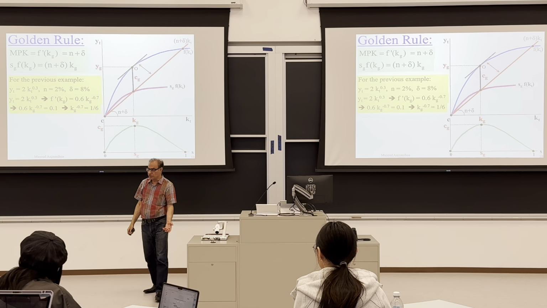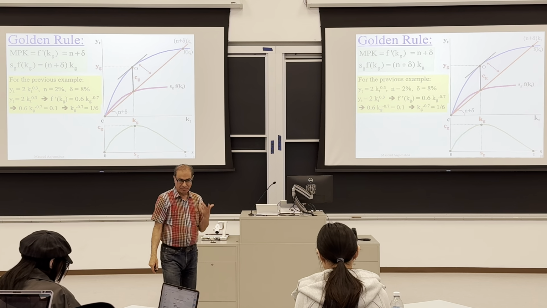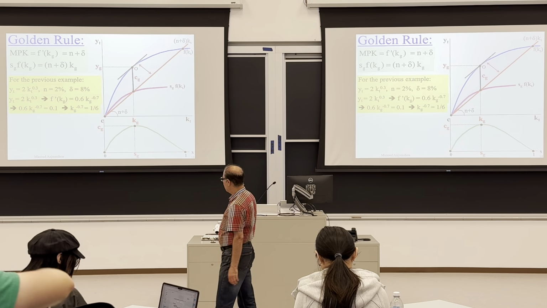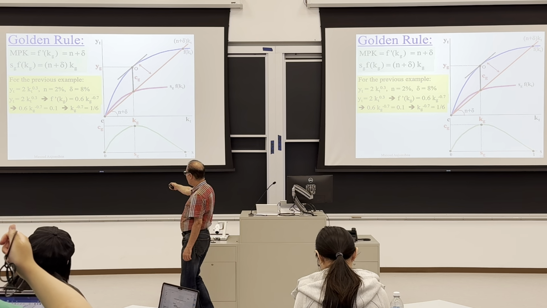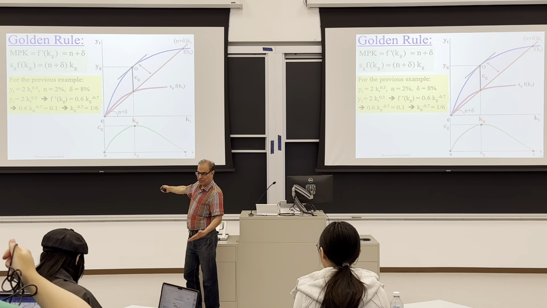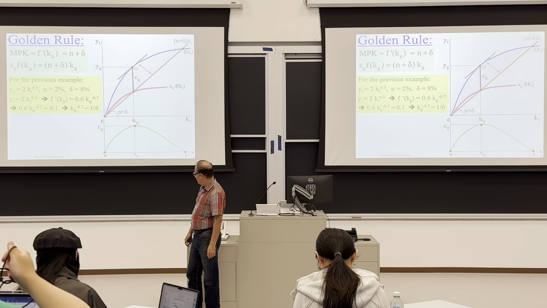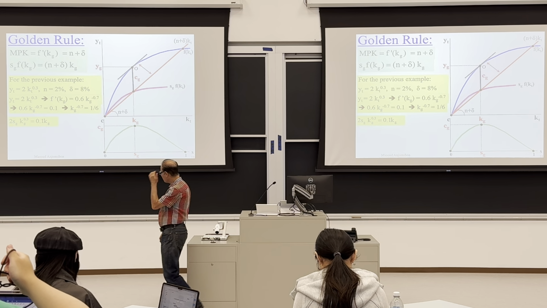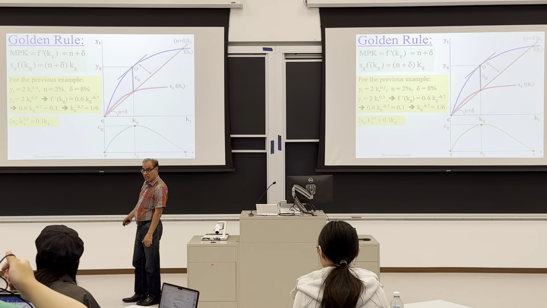So find kg. How can you find kg? You need to have one of those calculators. You cannot do it manually. See, I told you, it gives you kg. It doesn't give you SG, the golden rule saving rate. So how can I relate and find SG?